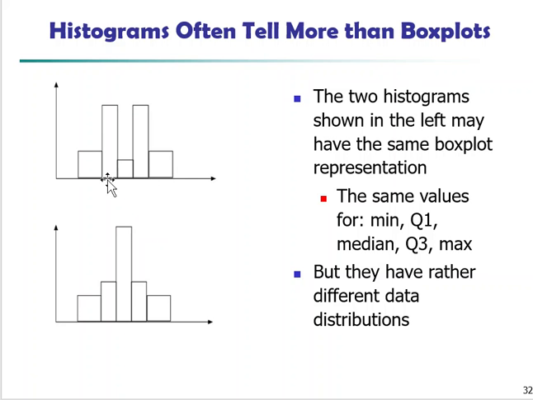Here, if we look at the 5-point summary, they're the same. The minimum value is the same, the maximum value is the same, the median is most likely the same, the average is the same, and the Q1 and Q3 could all be the same, yet the distribution is very different.